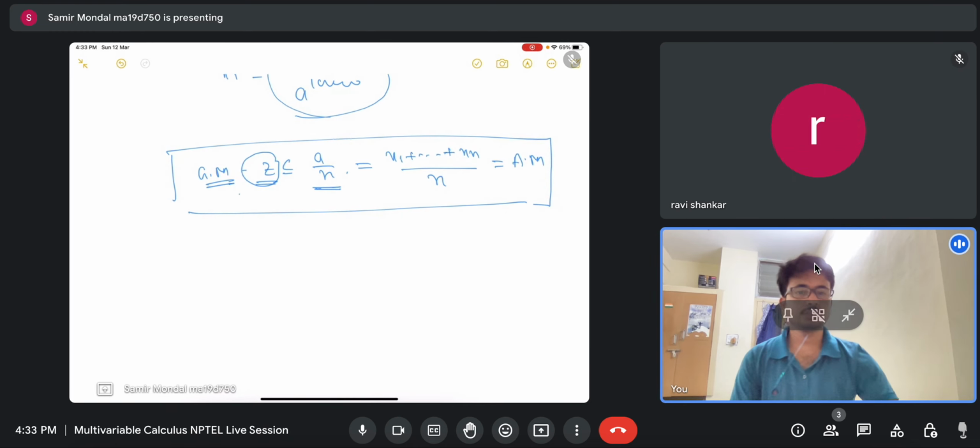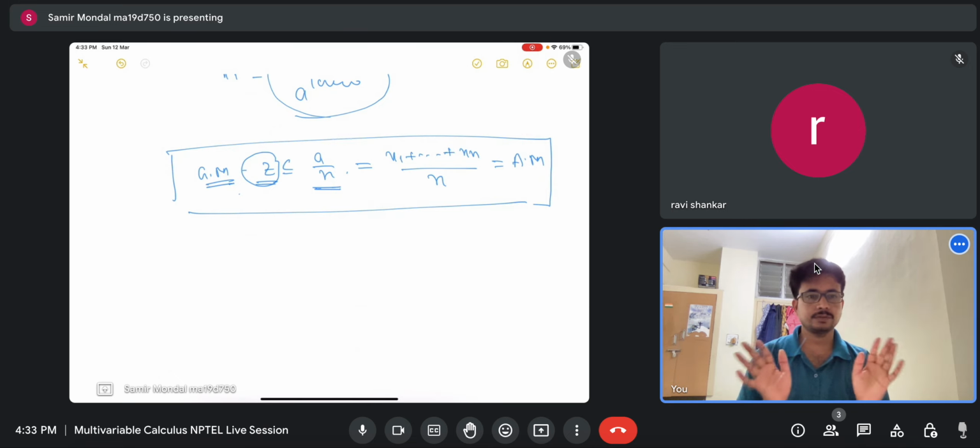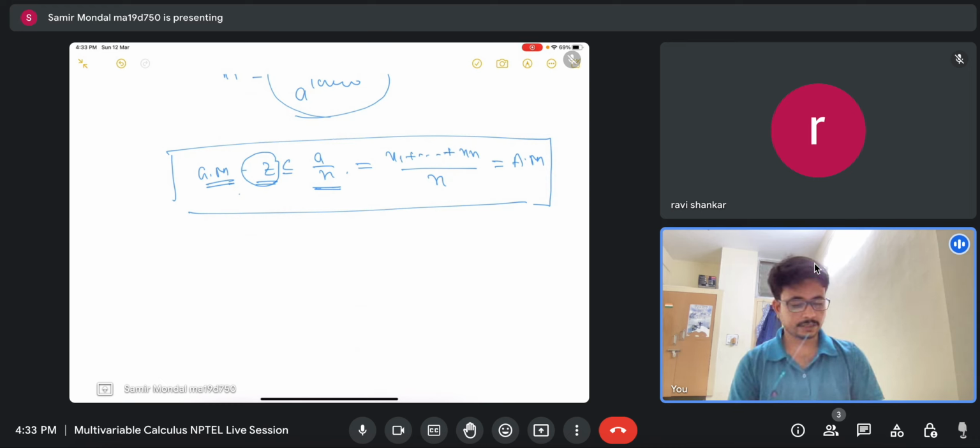No, the minimum value is 0 here. If any one component of the product is 0, then the full product is 0. So the minimum value of z is 0 here, because we are taking all of x1, x2, ..., xn as non-negative. Here g is the product of non-negative numbers, so the minimum value is 0. And we are only looking for the maximum value, a by n.